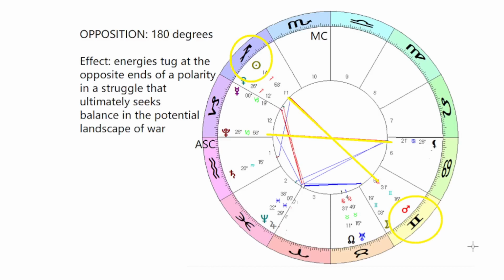So there is inner strife. People who have a lot of oppositions in their chart generally have a lot of conflicting, arguing voices within their head, because they're playing their own demon on the shoulder, angel on the shoulder, devil's advocate. They make some choice and the other part of themselves judges them for that choice.